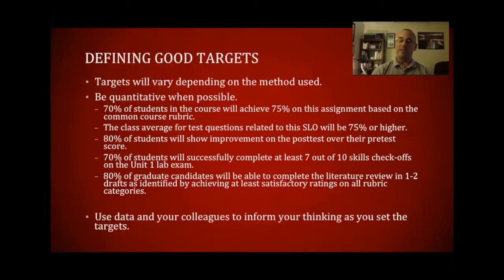In this case, it's not about a certain percentage or a grade, they just have to successfully complete it. Most of them should be able to complete that in 1 to 2 drafts, whereas for 20% of the class, it might take them 3 to 4 drafts.